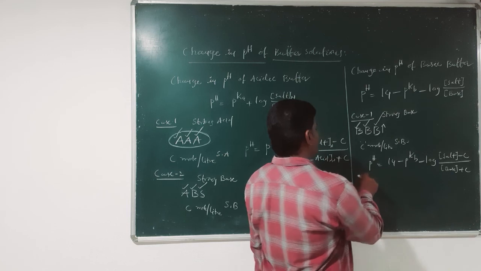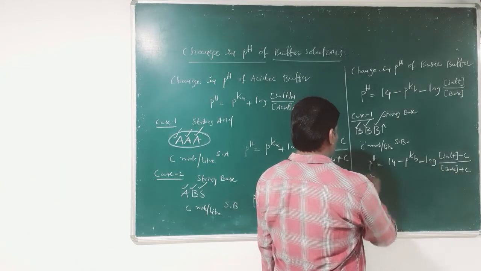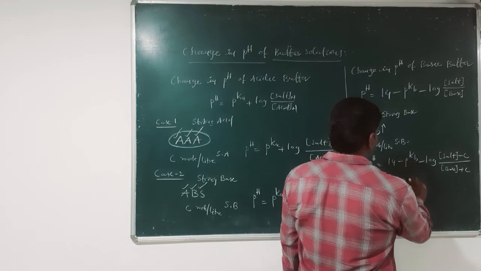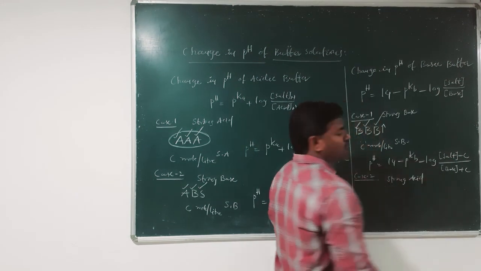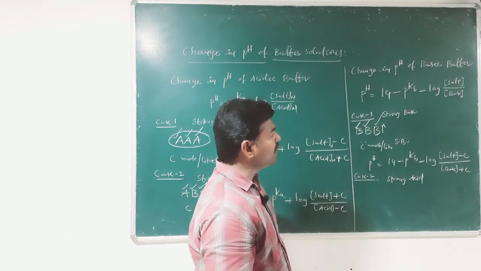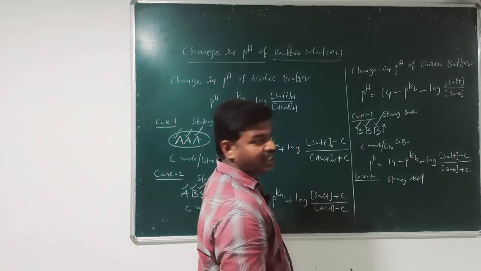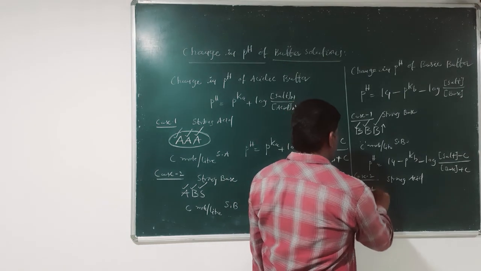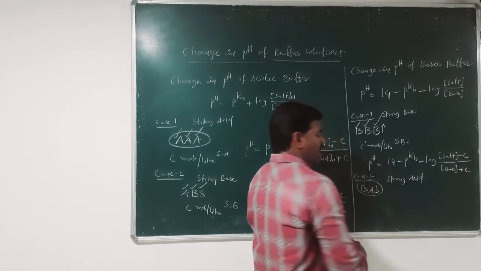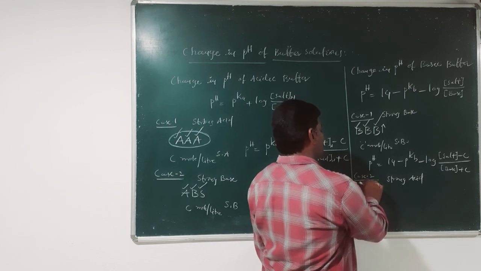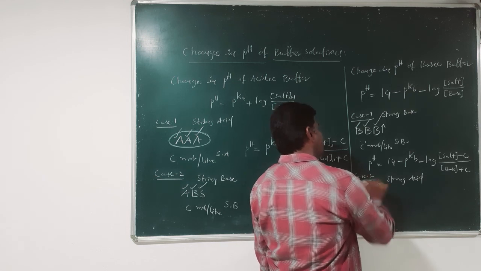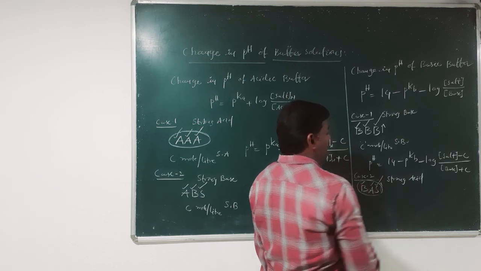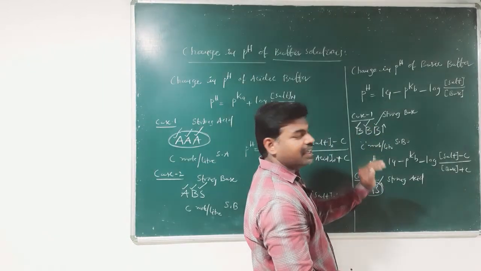Okay. So, case 2, when we add strong acid to the basic buffer, what is the mnemonic here? BAS. For strong base, strong acid is added, salt concentration increases and base concentration decreases.